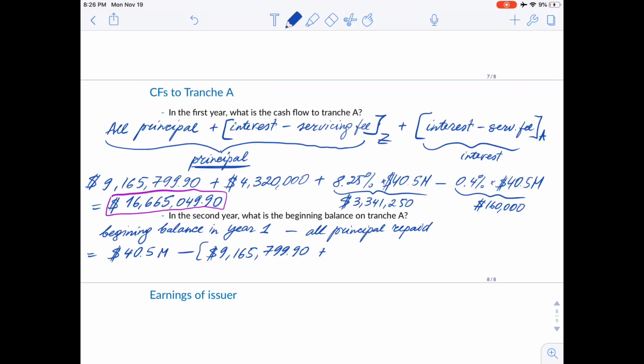The interest minus servicing fee of the Z bond, which is $4,320,000. Okay, so that is equal to $27,014,200.10.